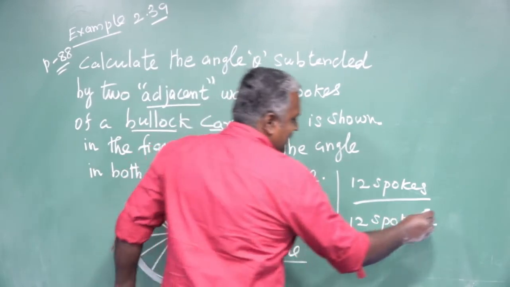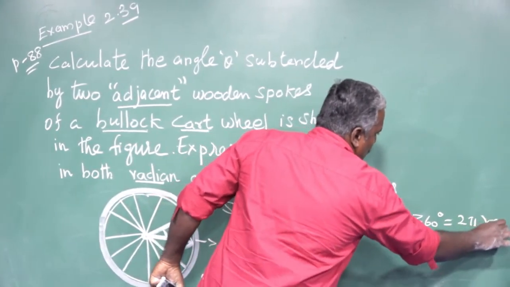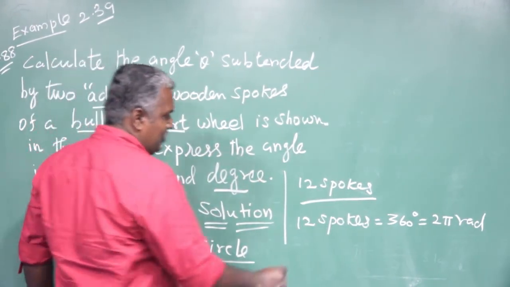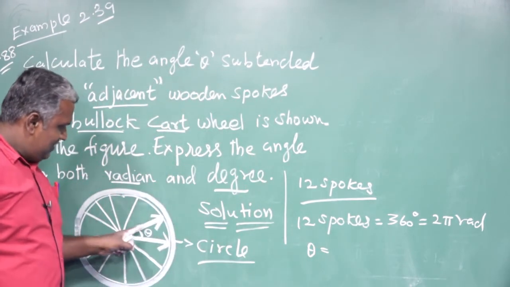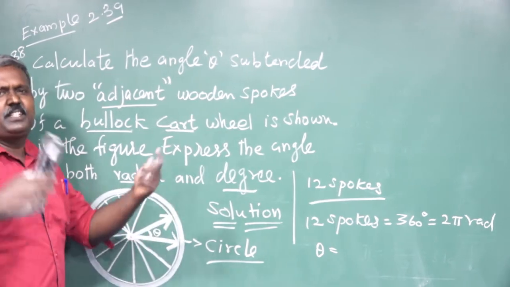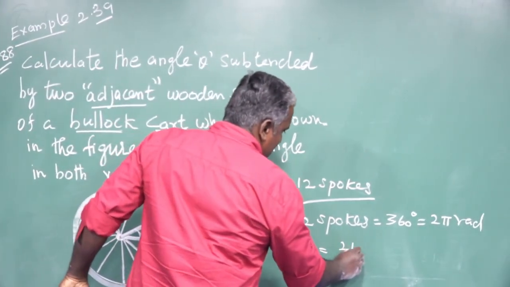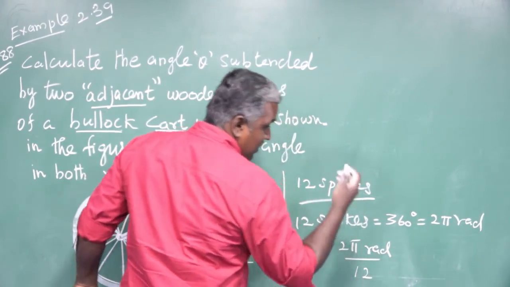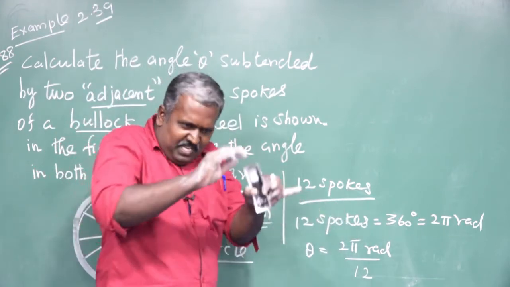Very good. 360 degree or 2 pi radians. Am I correct? Yes. So, for one part, divide by 12, that's all. Very simple. So, theta is equal to 2 pi radian by 12.